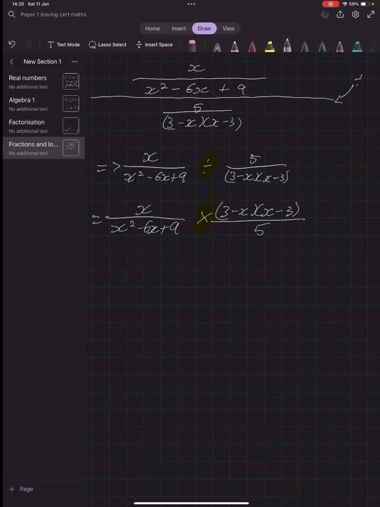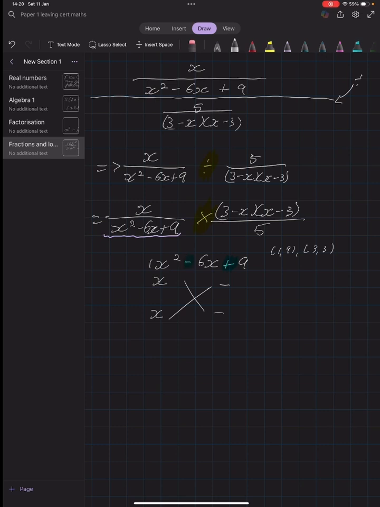Okay, now I'm going to factorize this thing here to see if anything will cancel on the top and the bottom. So x squared minus 6x plus 9. Again, this is 1. The factors of it are just 1 and 1, so it's just x and x. The factors of 9: 1 and 9, 3 and 3. This is plus, which means both of the signs have to be the same, and this is minus, which means both of them are minus.